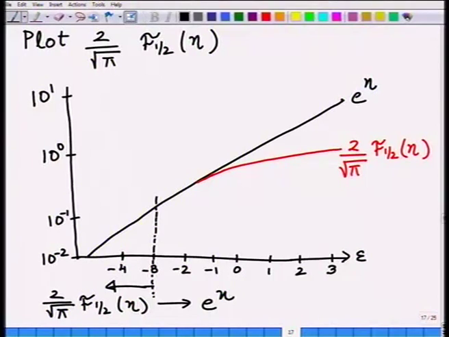So, for all values of eta less than minus 3, we are going to assume that this function approximates to e to the power eta, and therefore, we will be able to solve our problem within those limits. I will start from the next lecture on this topic, and then correspondingly I will calculate n and p in the semiconductor. Thank you.